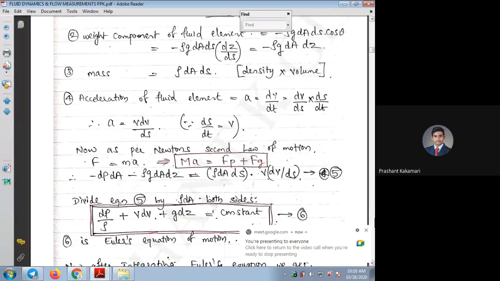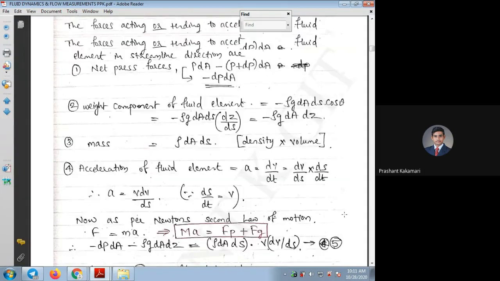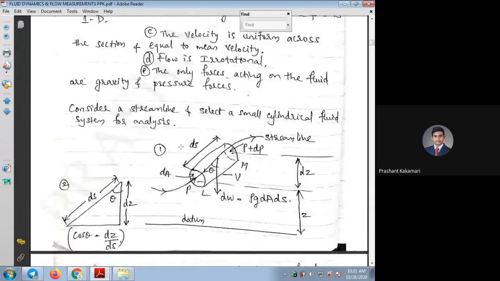Next is to derive the Bernoulli's equation. Anytime in the question paper, the question may be asked like derive Bernoulli's equation. Then what you have to do is start again from Euler's equation only, considering these two sketches and any one flow element.